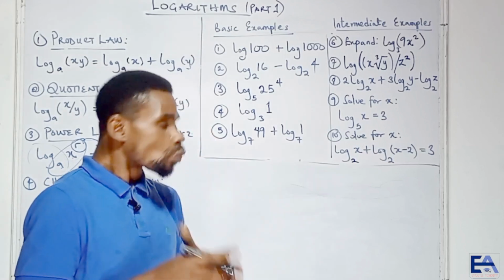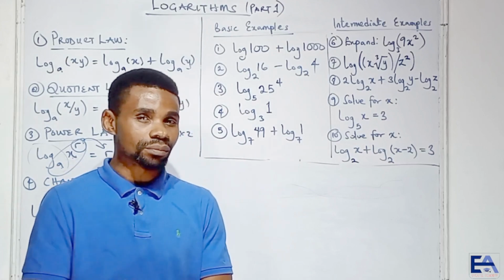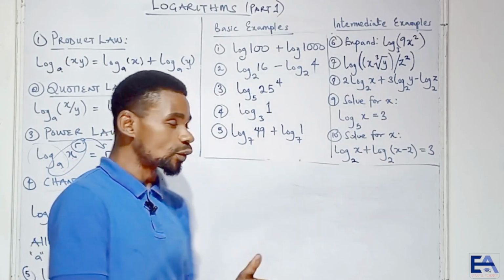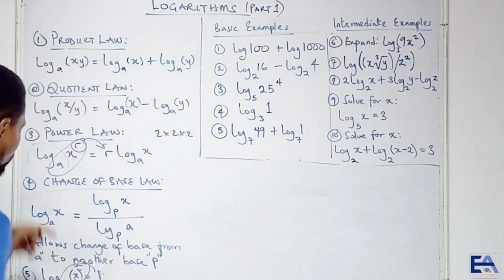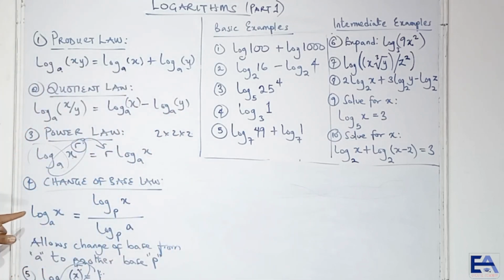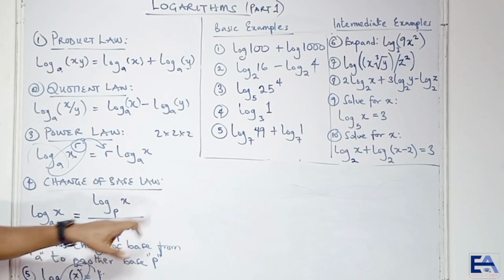Whenever you want to change the base of a logarithm, you follow this rule. Very simple. The rule says that log x to base a is equal to log x to base p, divided by log a to base p, where p is the new base that we change to.